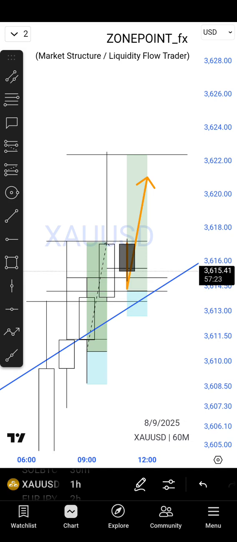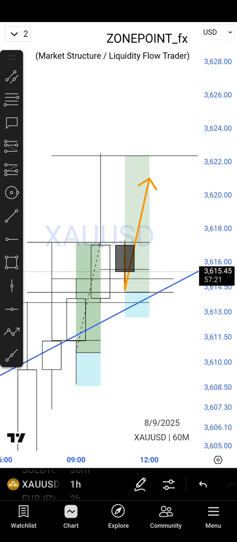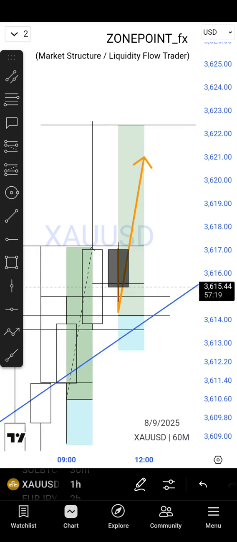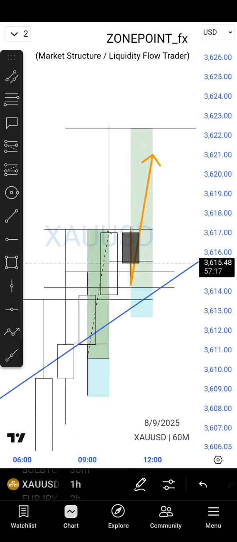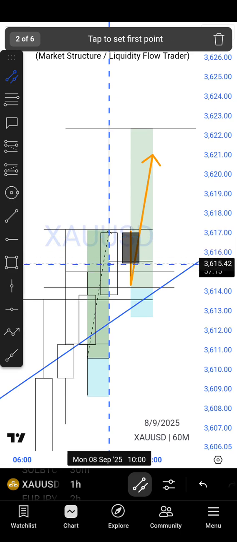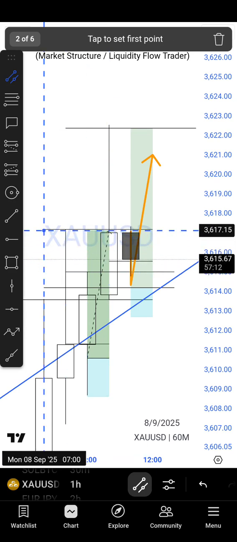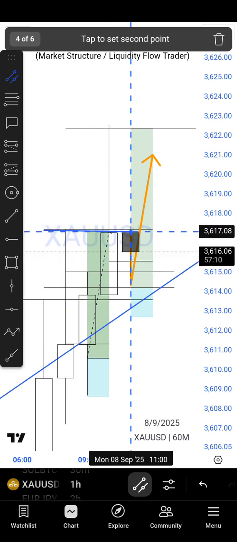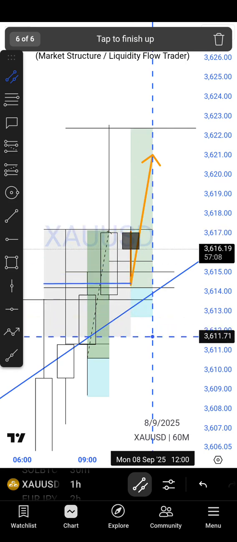So you can see that market is already giving me kind of reaction from this week. This is where market is giving me reaction, from here down to here.